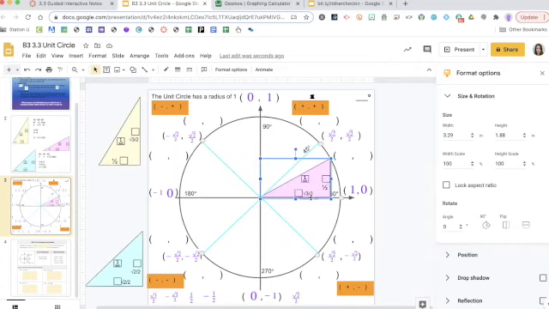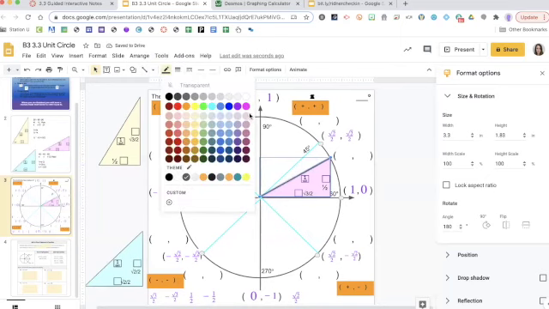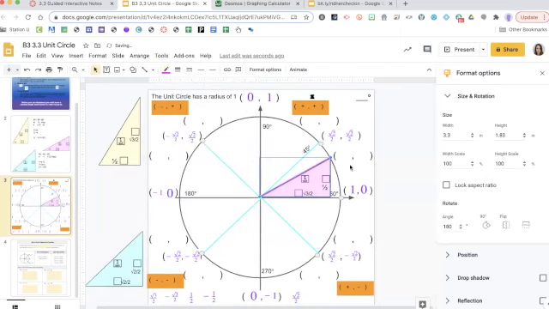All right, so we're going to repeat all of the things that we have done, meaning I'm going to draw a line at the 30 degrees here. This time I'm going to make my line pink because I'm dealing with my pink triangle.